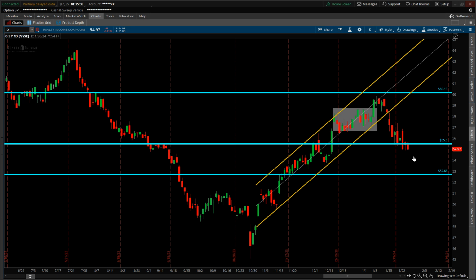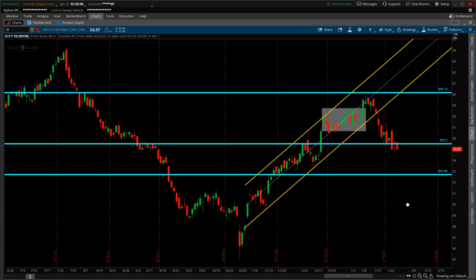So hopefully we'll see a stronger push to the downside, and price just barrels right through 52.68. If that is the case, then I think over time price will come down even lower to less than $50. But because my option contracts expire in a couple of days, I don't think I'll be a part of that.